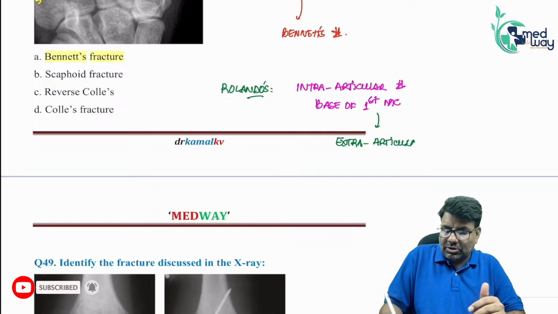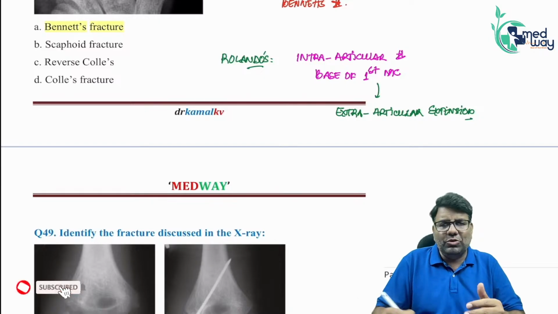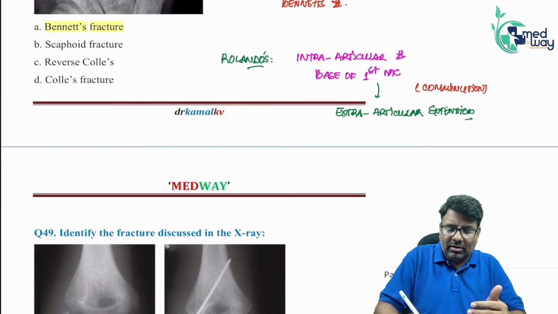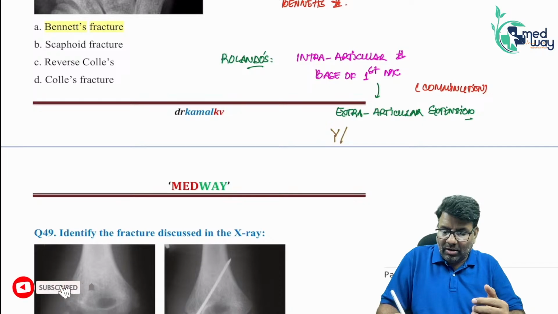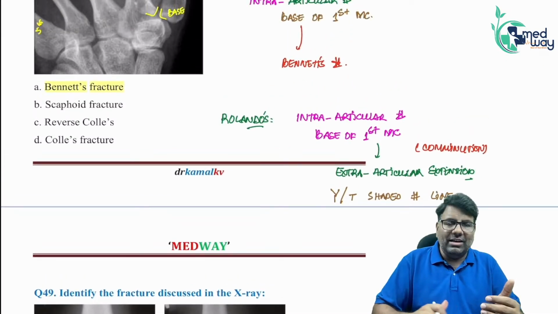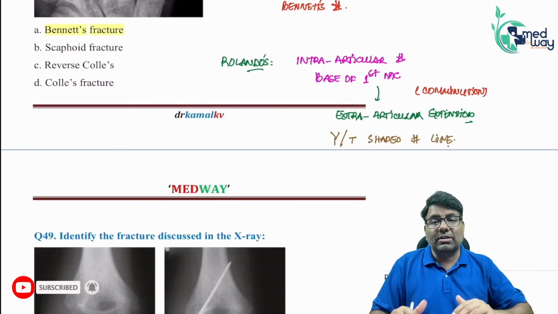As a result of this, sometimes there might be a mention of comminution, and the fracture configuration is either a Y or T shaped fracture line. Please remember this much: Bennett's and Rolando's involve the same area, but the fracture configuration is different.